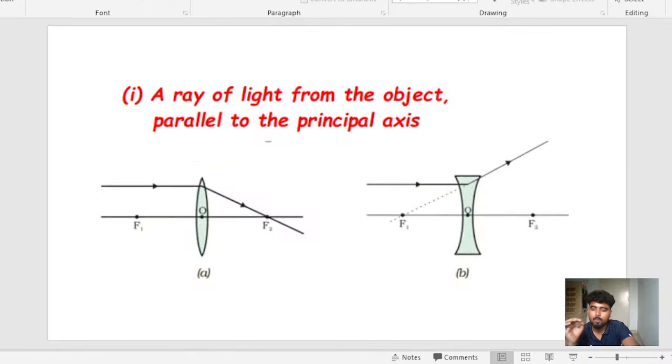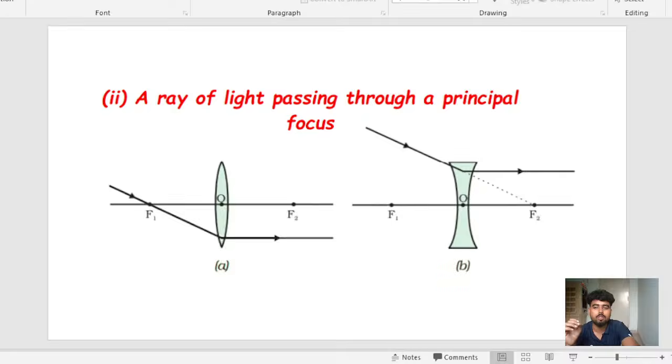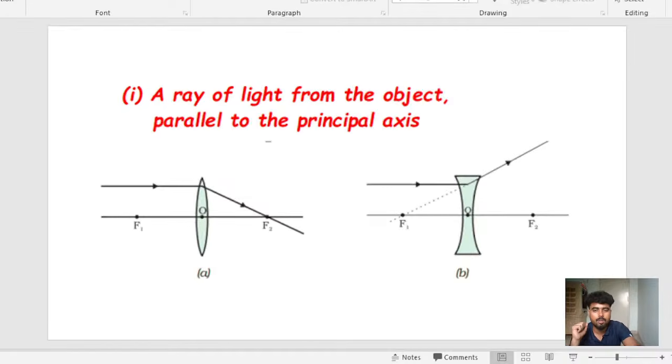To be simple, there are three ray diagrams which you should remember. The first ray diagram is the same as the mirror. What will happen in the first ray diagram? When a ray of light is parallel to the principal axis, it passes through the focus. The same will happen here. It passes and falls on the focus because it is a converging lens.